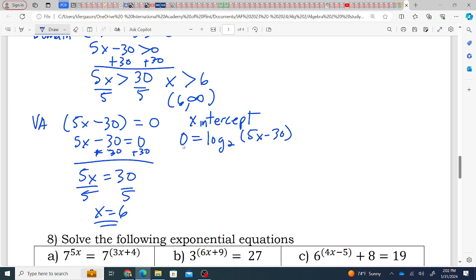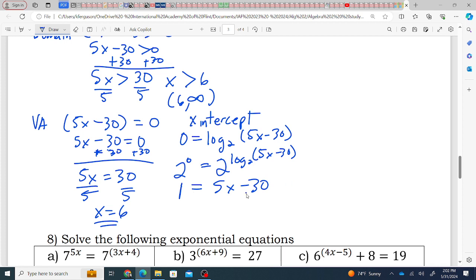And exponentiate just means all of my stuff, I take it to the base of this base, so 2, and then that stuff is exponents. So I can figure out what 2 to the 0 is. It's 1. 2 to the log base 2 of whatever, the log 2 and the 2 are going to cancel each other out, and I'm just going to have 5x minus 30.